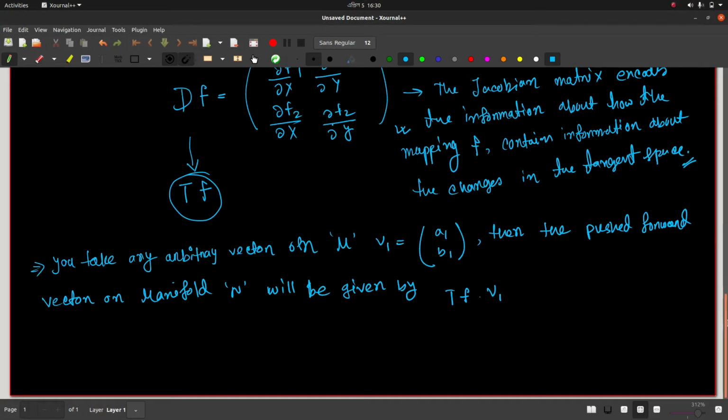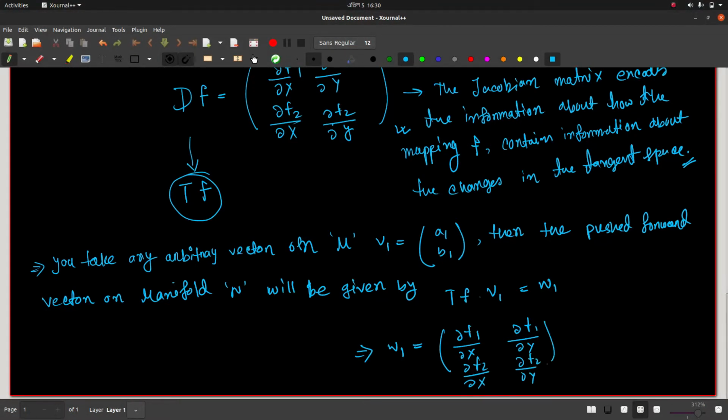That means that you can find out the new vector, let's call that w1, if you just multiply this. And obviously this vector v1 will be at a point P. However, this w vector will be at a point f of P.